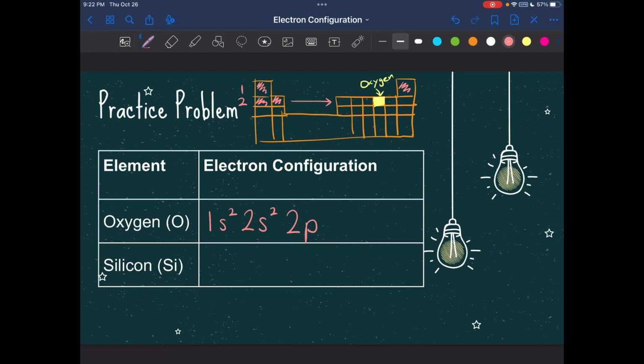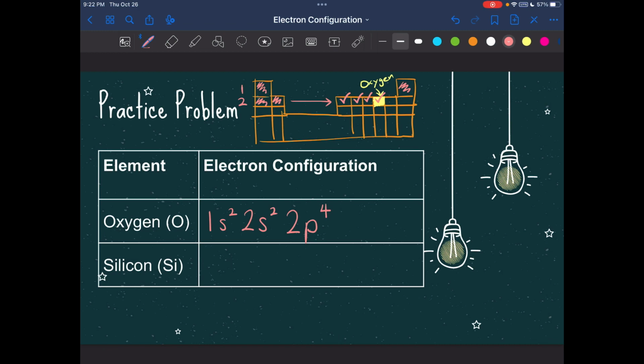But how many boxes are we going to cover in total with the oxygen? Well, we have 1, 2, 3, and 4 in total. So our last step, our final destination, is to the power of 4. So make sure you guys count out, because counting is very important, especially for this topic. Okay?